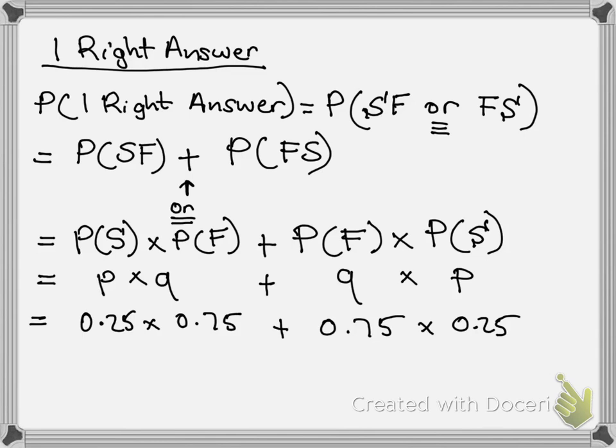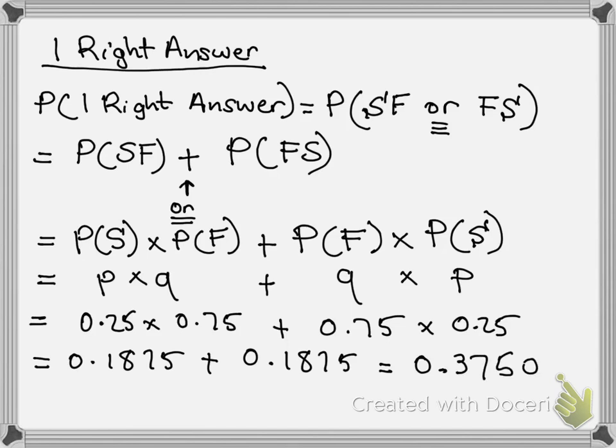The final answer is 0.1875 plus 0.1875, which is 0.3750.